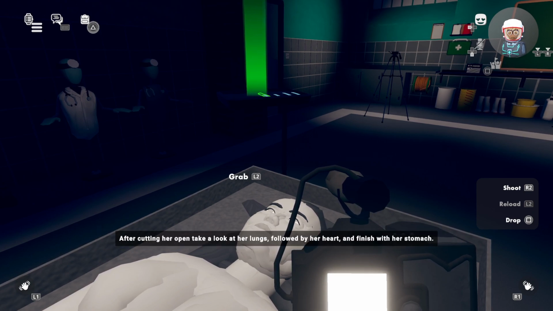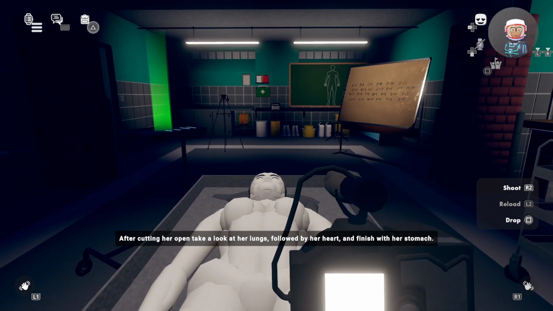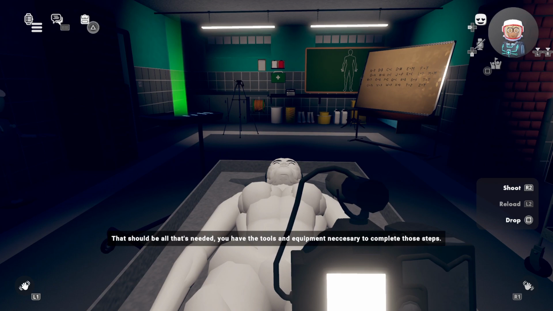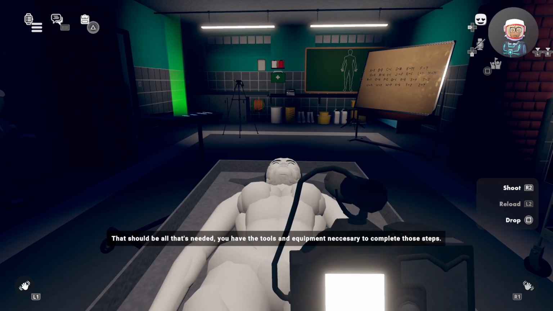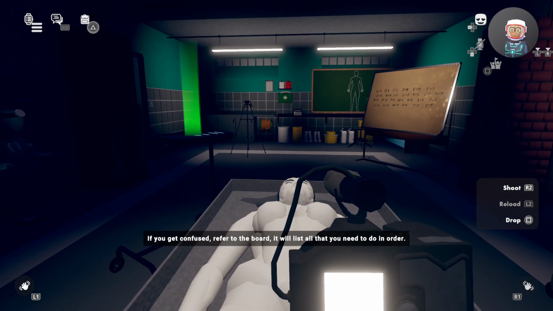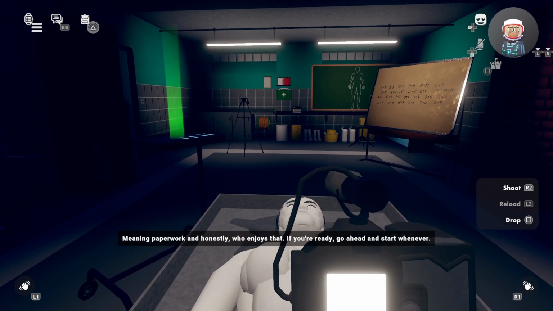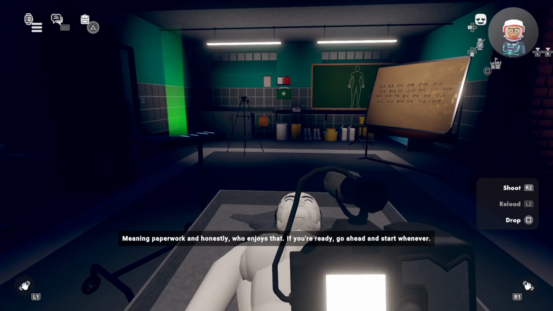After cutting her open, take a look at her lungs, followed by her heart, and finish with her stomach. That should be all that's needed. You have the tools and equipment necessary to complete those steps. If you get confused, refer to the board. It will list all that you need to do in order. And do not forget, you must take a picture before moving on, or else it could mess things up above us. Meaning paperwork, and honestly, who enjoys that? So if you're ready, go ahead and start whenever.